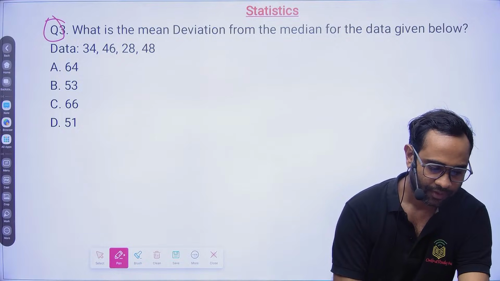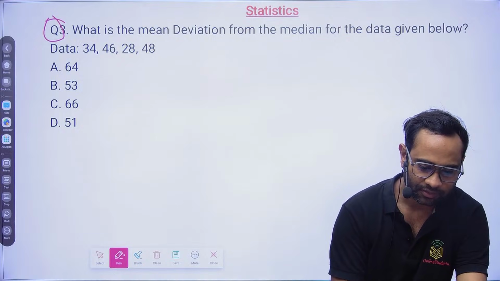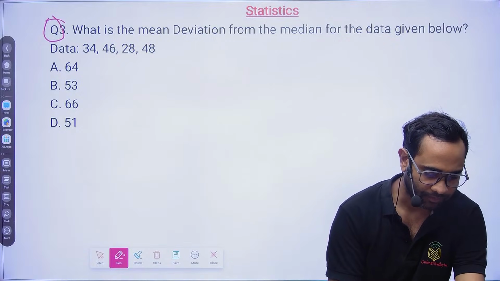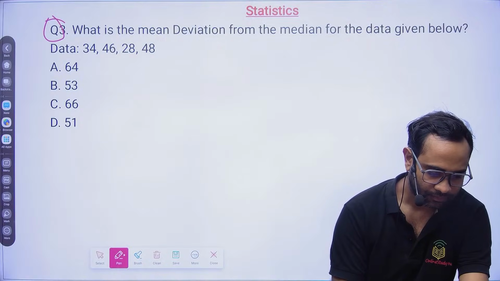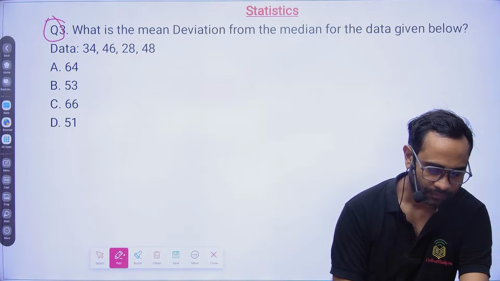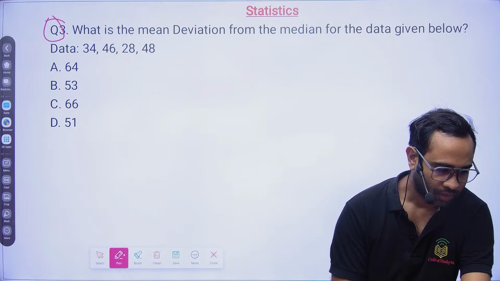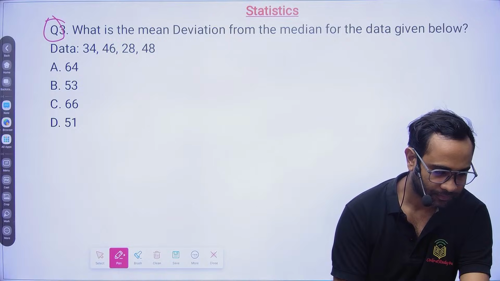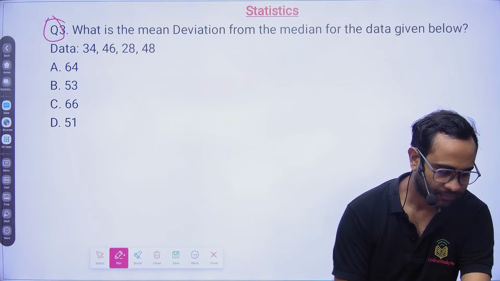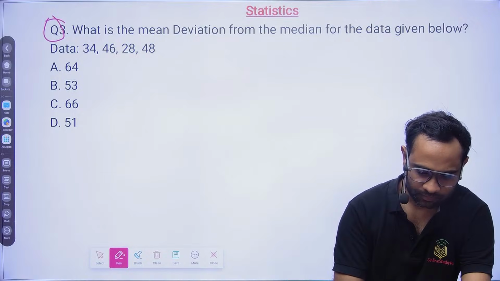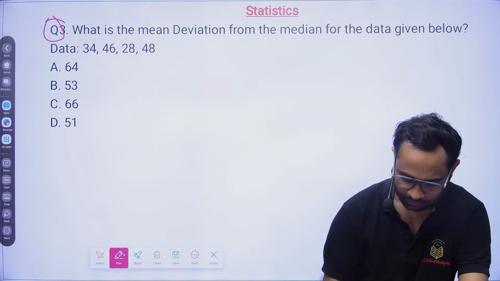So your timer has already started. What is the answer?